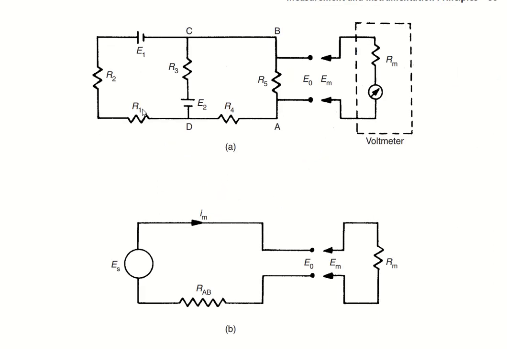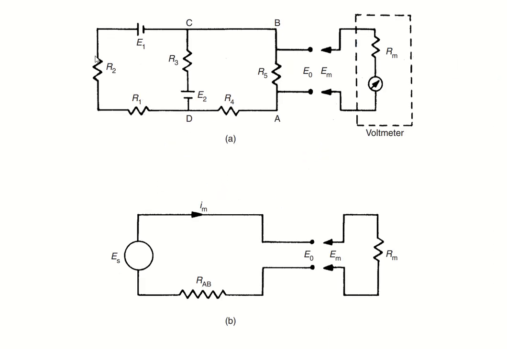It has resistances R1, R2, R3, R4 and R5, and two batteries E1 and E2 connected to it, going to a load, and the load is connected with a voltmeter.